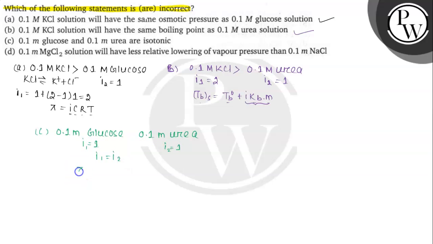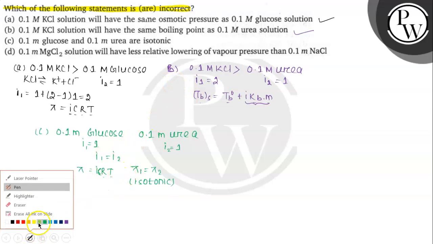The van't Hoff factor is the same, and osmotic pressure depends upon iCRT, the concentration is the same, temperature and the universal gas constant are constant, so it only depends upon the value of i. As in these two cases the i value is the same, the osmotic pressure will be the same, and the same osmotic pressure means isotonic.